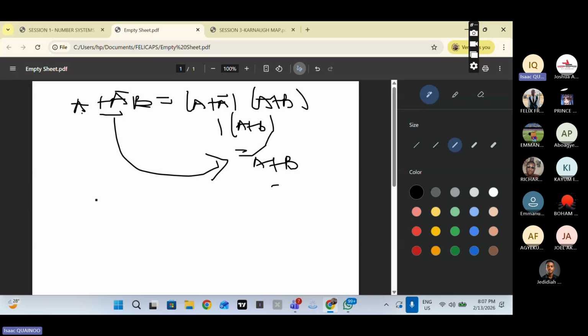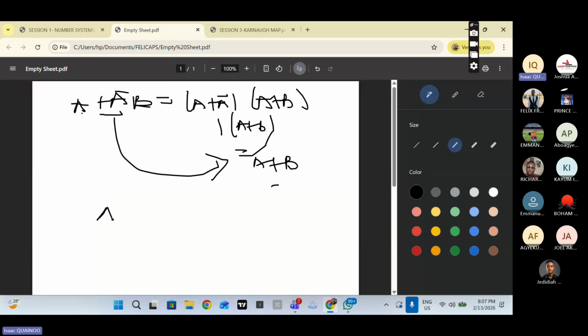Okay, so we can now have De Morgan's theorem. You can memorize it with this simple strategy: you break the sign and then you invert the symbol. That's everything about De Morgan.